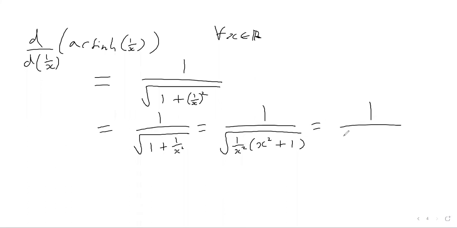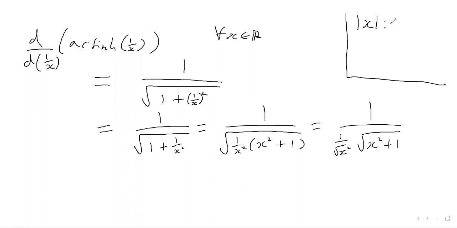over x squared, well, that's just going to be 1 over the square root of x squared multiplied by the square root of x squared plus 1. But we know that by definition, the modulus of x is defined to be the square root of x squared. And so this square root of x squared in the result is just the modulus of x.